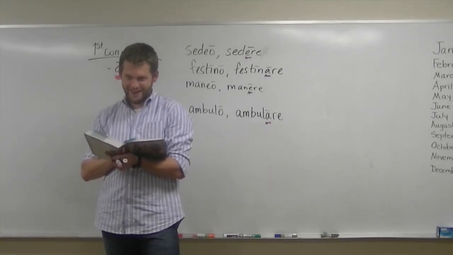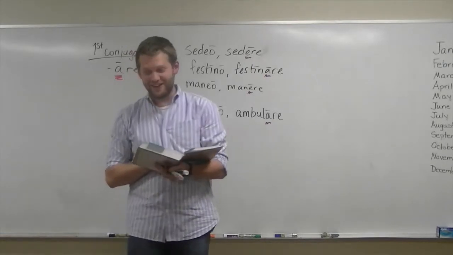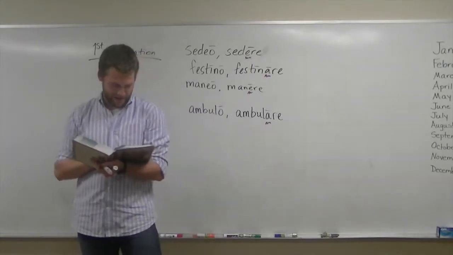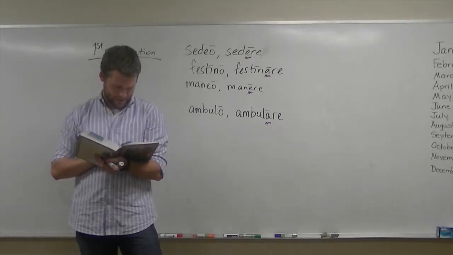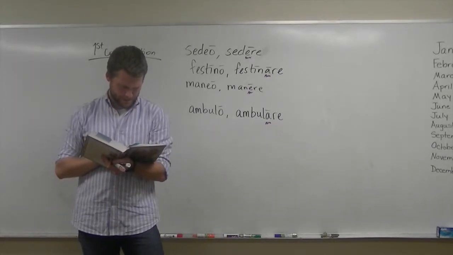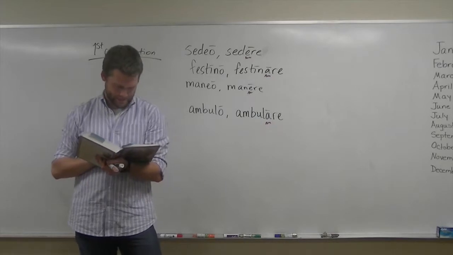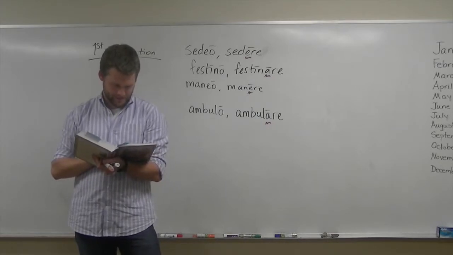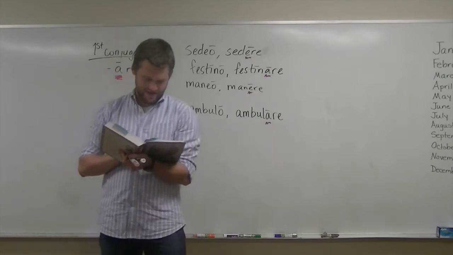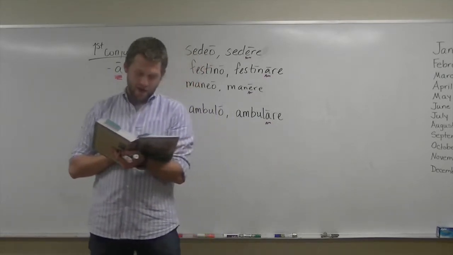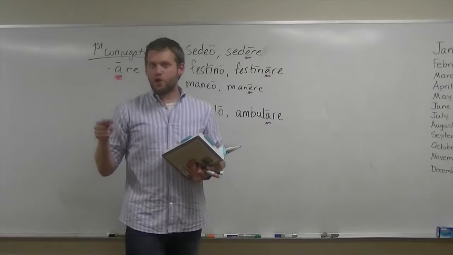Can anyone find a verb? You actually do have to go a little bit down if you can find a verb, so don't feel bad about that. The only verb I see is this ridiculous remaneo. Good, remaneo, remanere.